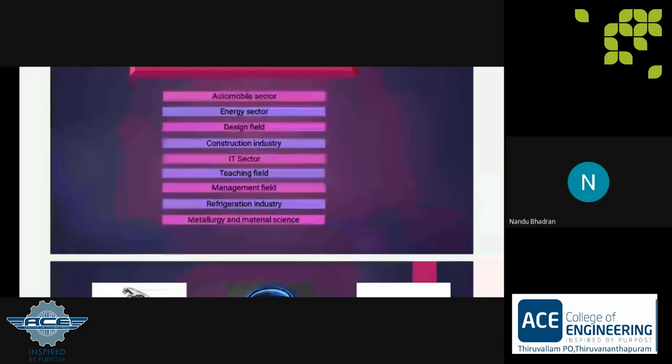Mechanical engineers are also employed in the IT sector. MNCs like TCS, Infosys show an interest in hiring mechanical engineers because of their know-how in mechanical related subjects and design. Also, you have a wide variety of scope in the teaching field.